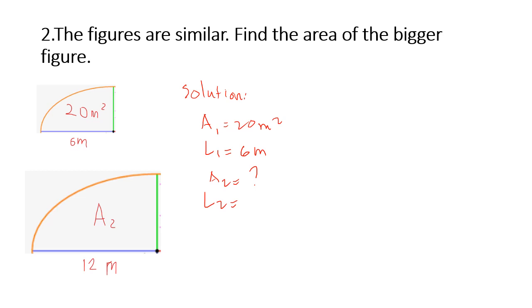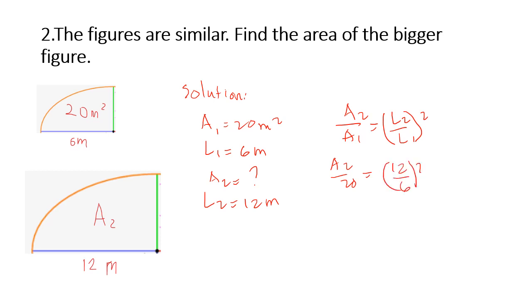L2 equals 12 meters. So A2 over A1 equals the quantity L2 over L1 squared. A2 over 20 equals the quantity 12 over 6 squared, or A2 equals 80 meters squared.